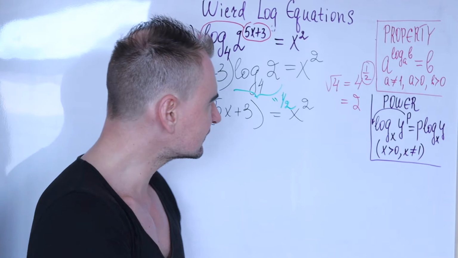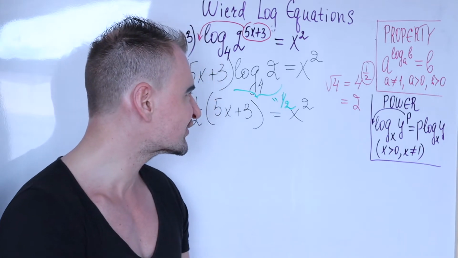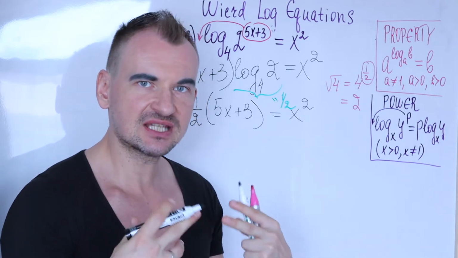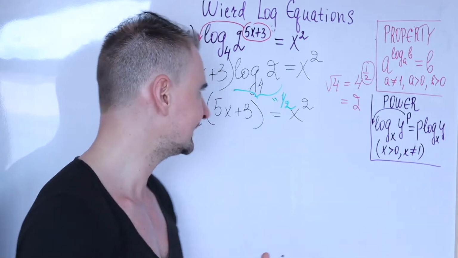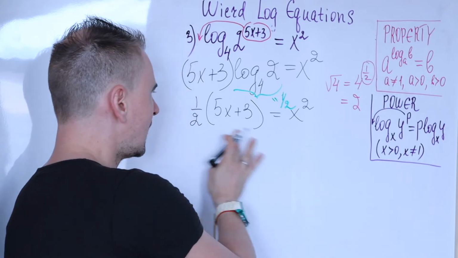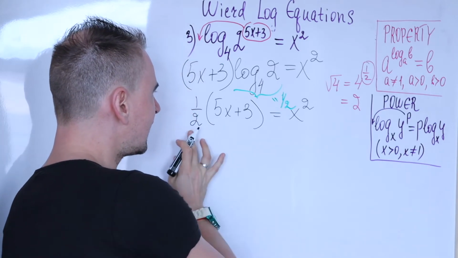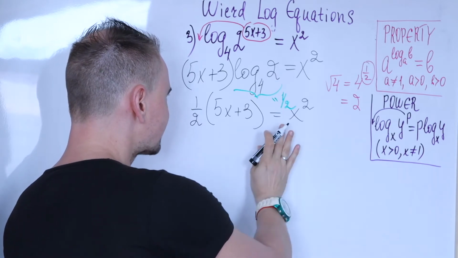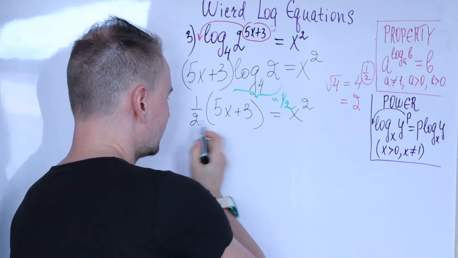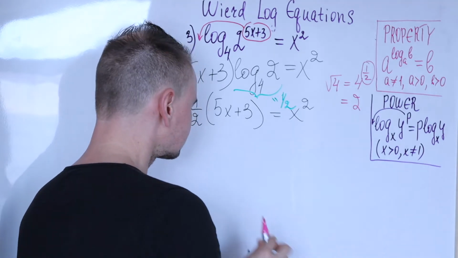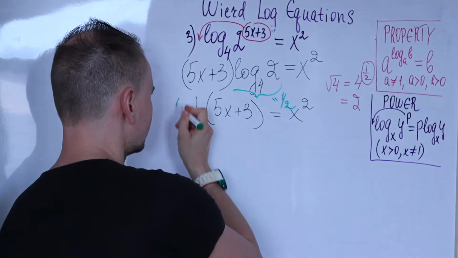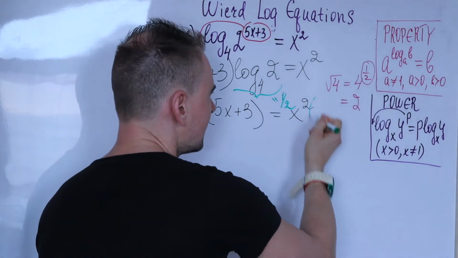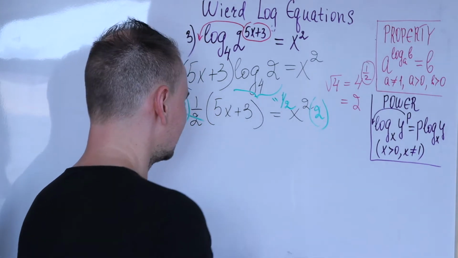It seems like it's going to be a standard classic quadratic equation, and basically it is. Since we have a half, just get rid of it by multiplying both sides by 2.